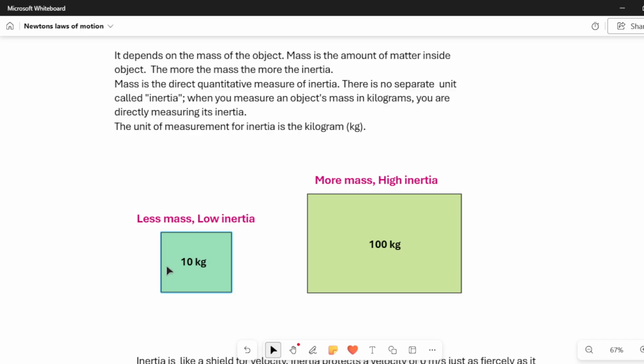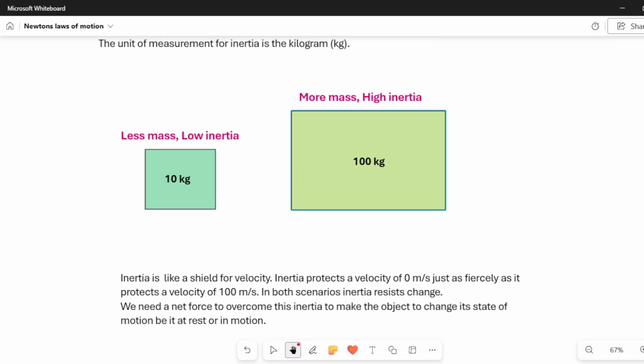So its resistance to change will be low, and so we will be able to push this 10 kg box easily. Next comes the 100 kg box. This 100 kg box has more mass. So it will be very difficult to move this 100 kg box. Why? Because it has high inertia. It has high resistance to change. So the more the mass, the more the inertia. So mass is directly proportional to inertia.